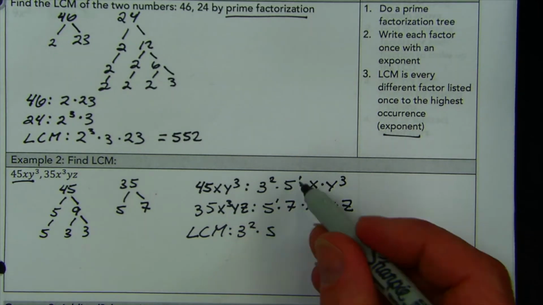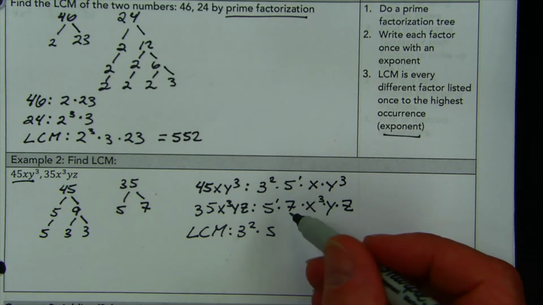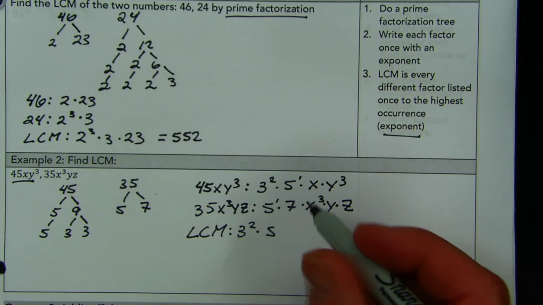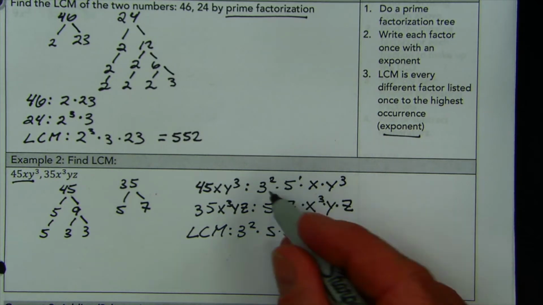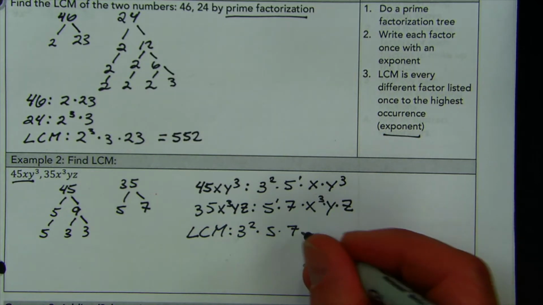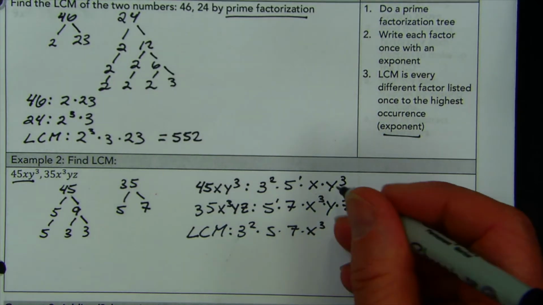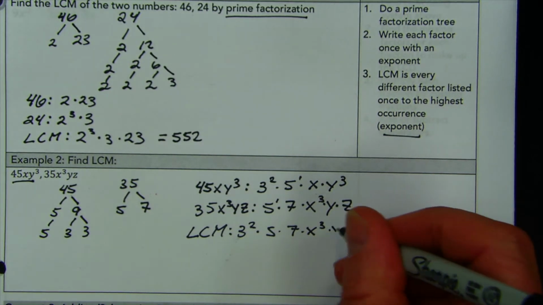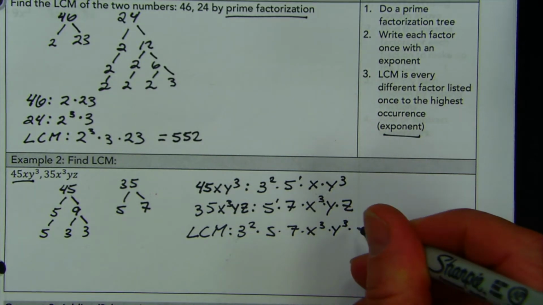Notice I did not write 5 squared. And what other factor do I have? I have 7. Even though this one doesn't have a 7, I write it in there. I have x. What's the highest power x I'm going to include? X cubed. And y, I'm going to take the highest power, y cubed, and z.